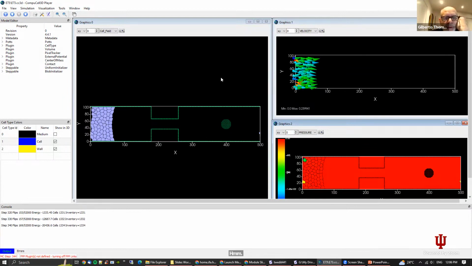Again, the window that comes up is the old one, just the cell field. And you have to open two extra windows here to show the velocity field and the pressure field. Okay. So let's move.